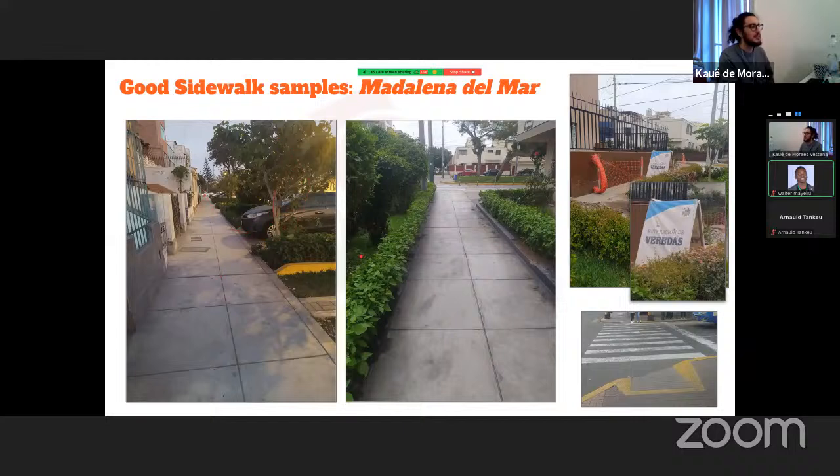You have the trees that help rainfall water to be drained with the drainage, and make for a more pleasant urban environment. And you also have the ramps with these kind of stripes for the blind.